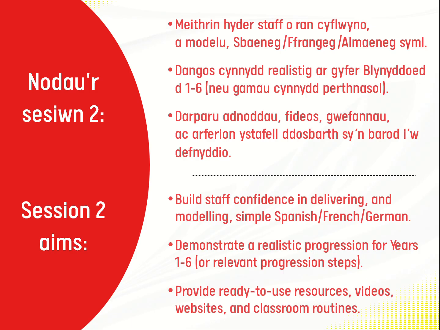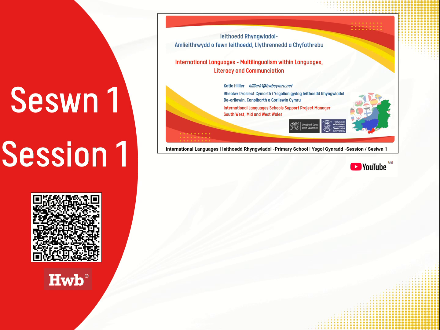If you are at the stage where you're not sure what the progression steps look like for international languages in primary school, you're not really sure what it says in the Curriculum for Wales, please do see video 1. The QR code is here for it, or it's also linked on Hub. Please email me for the link.